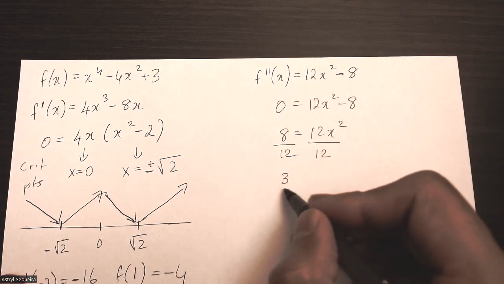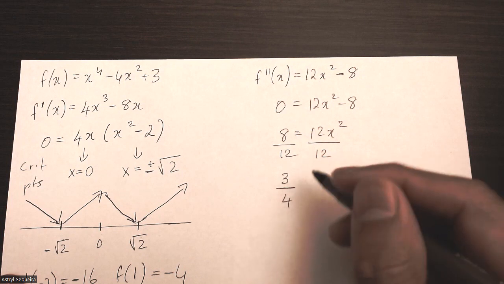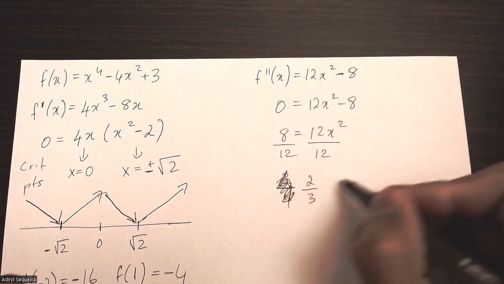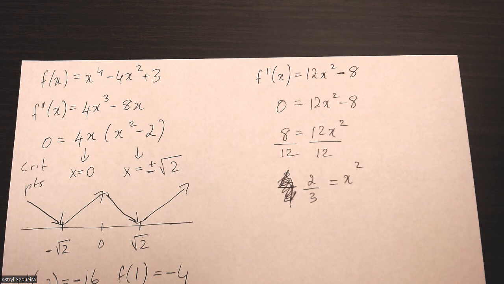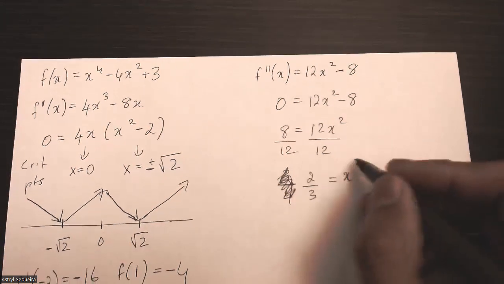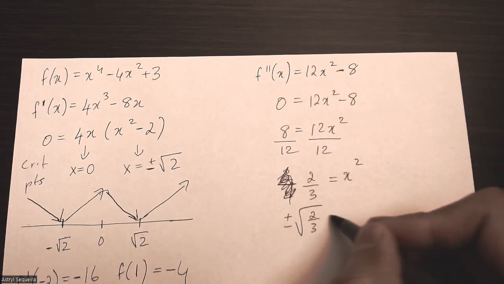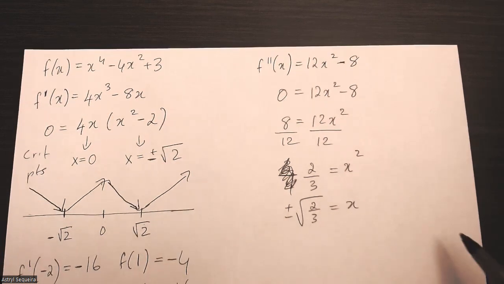So this is just, no, is that 2 over 3? 2 over 3 equals x squared. And if I square root both sides, I'll get plus or minus root 2 over 3 equals x. That cannot be simplified. Basically, you can just leave it like that.